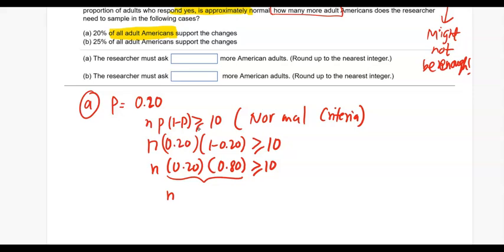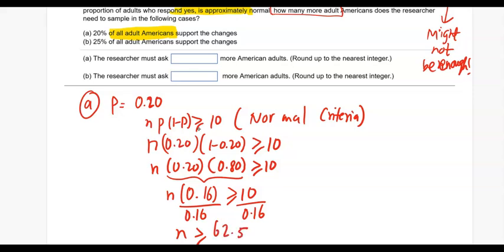Multiplying 0.20 times 0.80 gives 0.16, so n times 0.16 is greater than or equal to 10. Dividing by 0.16, n is greater than or equal to 62.5.